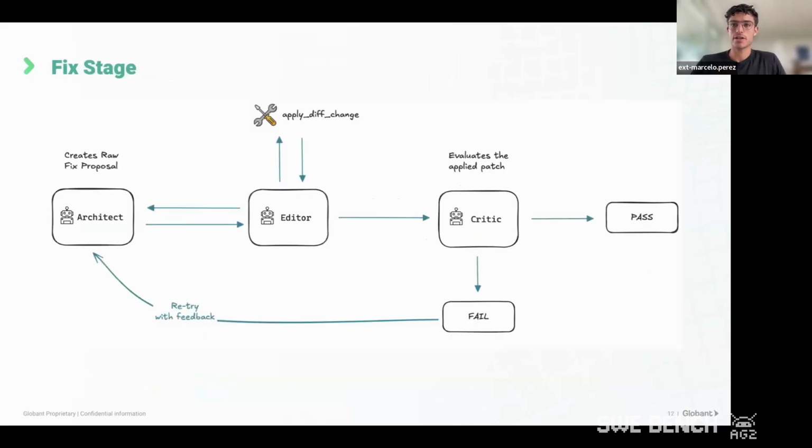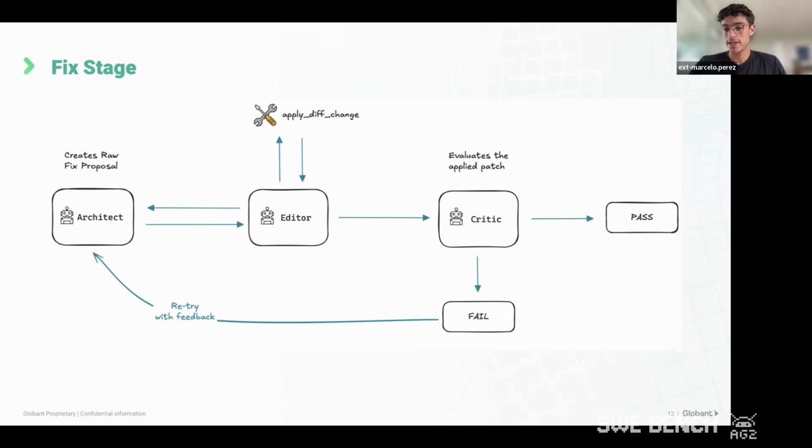And then in our fix stage, we have 3 agents collaborating to propose and implement code fixes iteratively. First, our architect agent proposes a solution to the bug. Then our editor agent uses an edition tool to edit the code base and solve the issue, implementing the bug fix proposed by the architect.